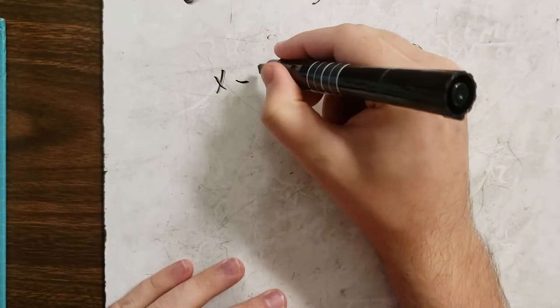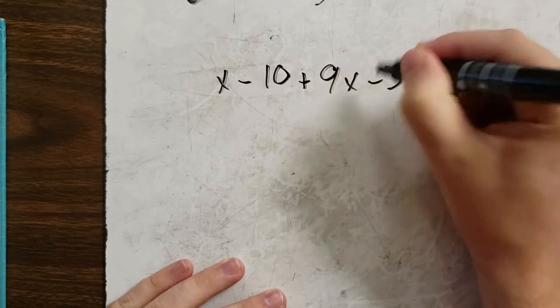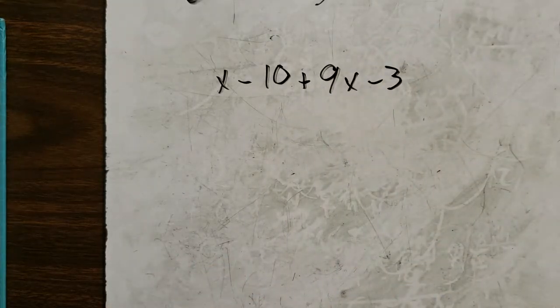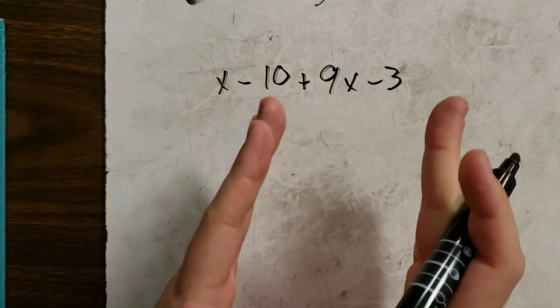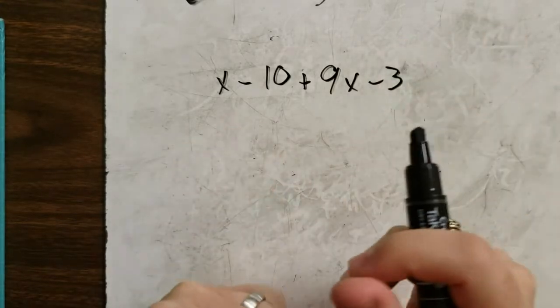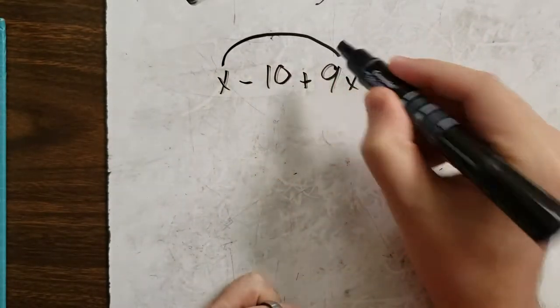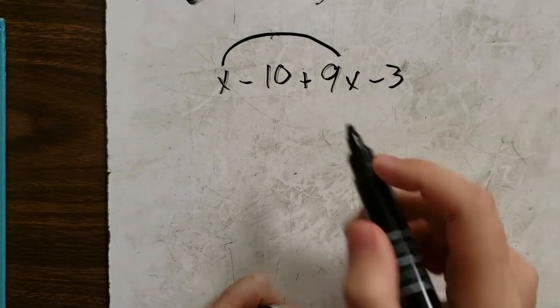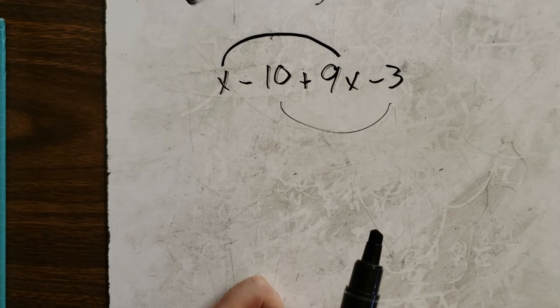x minus 10 plus 9x minus 3. Now, we have both terms with variables and numbers without variables. And now you can only combine like terms. So we know our x terms can combine and our numbers without a variable can combine.